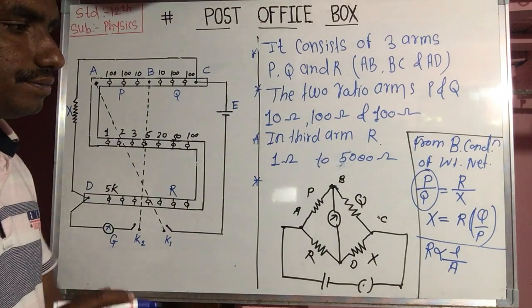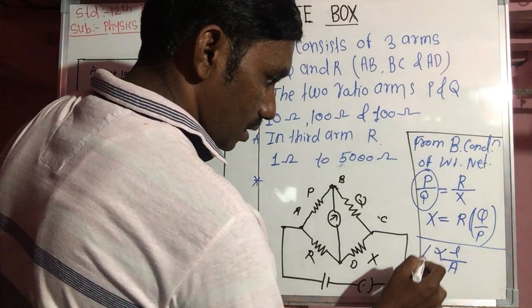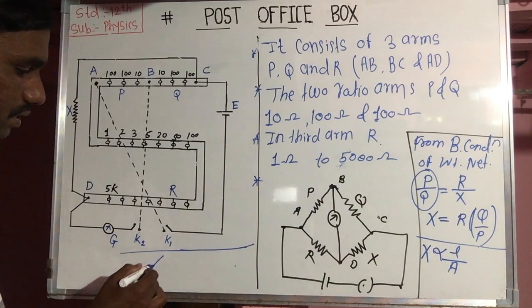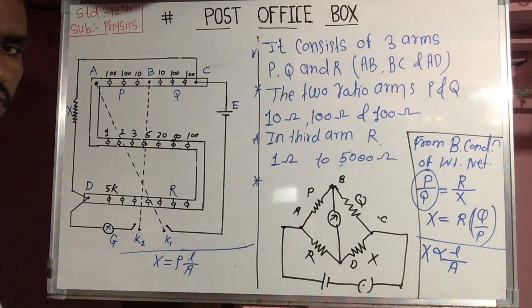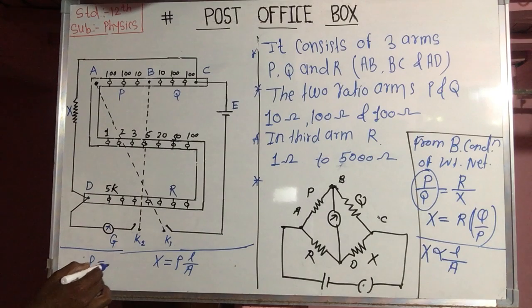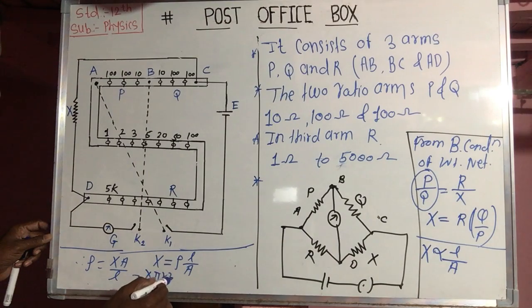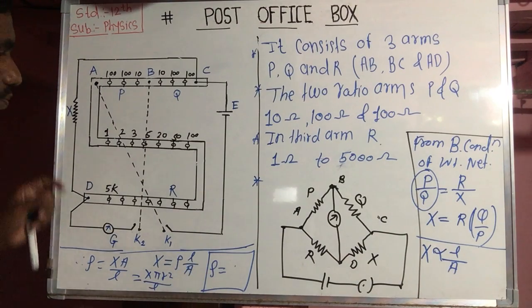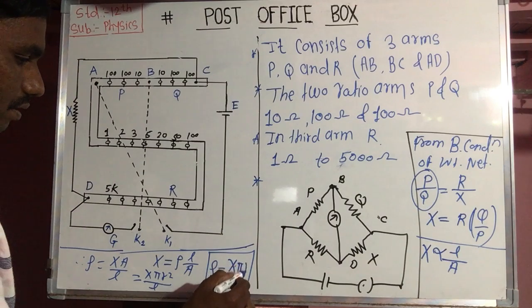To determine the specific resistance of the wire, that is of the unknown resistance X, we write X is directly proportional to L and inversely proportional to A, so X equals rho L by A. Therefore rho equals X A by L, and you know that A is the area of cross section of the wire, which is pi r square, divided by L. So finally the last equation: the specific resistance of the wire, or of this unknown X, rho equals X pi r square divided by L.